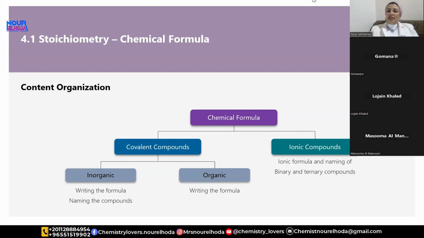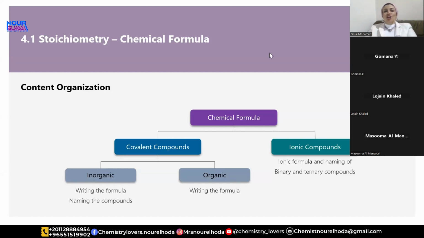Usually in the exam, whether Cambridge or Edexcel, any question asking you to write the equation is 1 mark for the balance and 1 mark for writing all the formulas in a correct way.